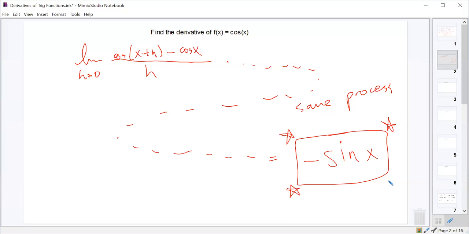If you're interested in exactly how to do that, you could go through and try and work it out on your own. Cosine of a plus b, just use the formula for that and simplify. But it'll come out to be negative sine. All right, that's two trig functions that you now know the derivative of, sine and cosine, and you need to memorize them both.